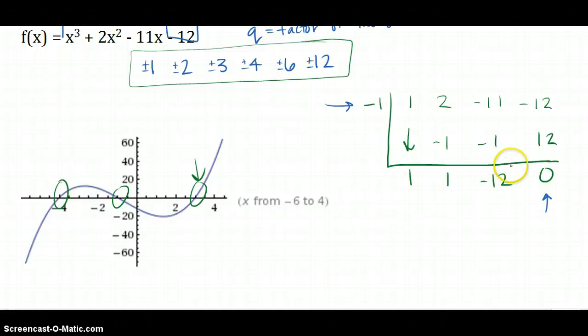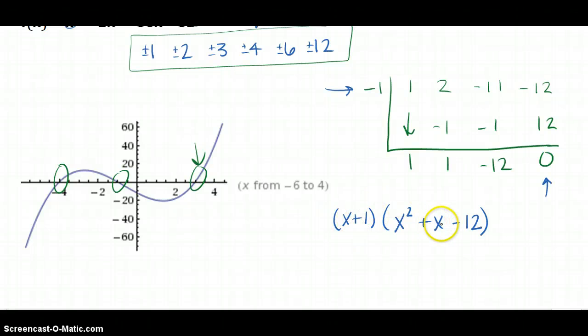What we have left over, remember when you synthetically divide, you go down a degree. So we were at degree 3, which means here this is x squared plus x minus 12. This negative 1 is a factor of x plus 1, because if we set x plus 1 equal to 0, we would get negative 1.